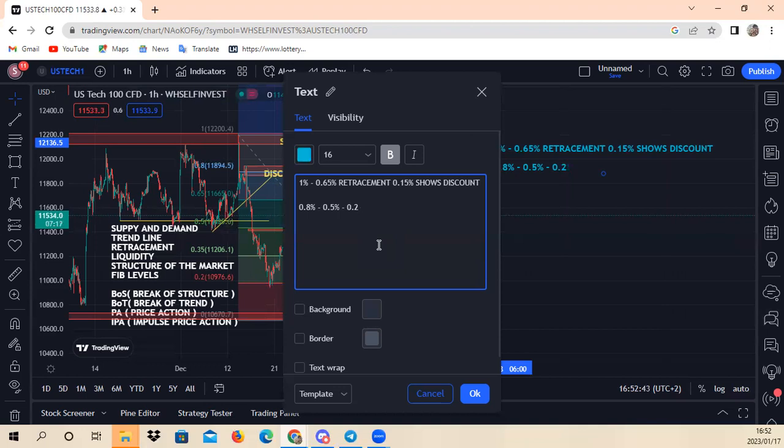It can also go to like 0.2%. So from there, we are looking for a retracement as well. So once it reaches that low point, we would get a retracement.